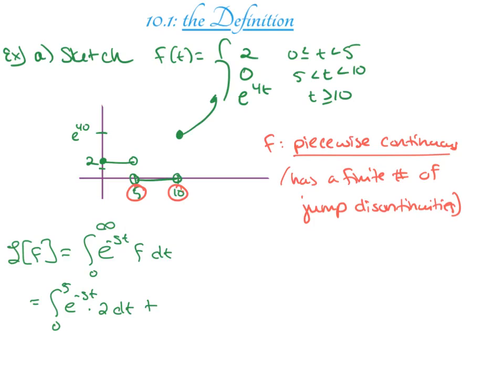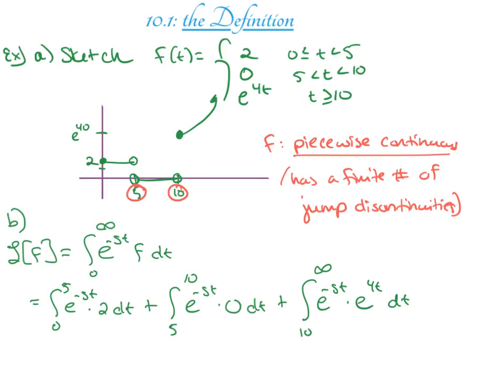Middle integral is terrific. It's the integral from 5 to 10 of e to the negative st times 0 dt. And the final integral is the integral from 10 to infinity of e to the negative st times e to the 4t dt.